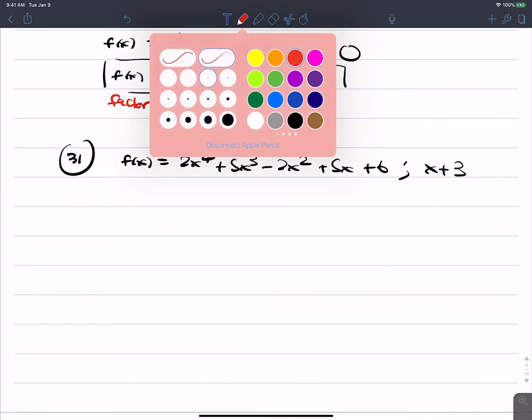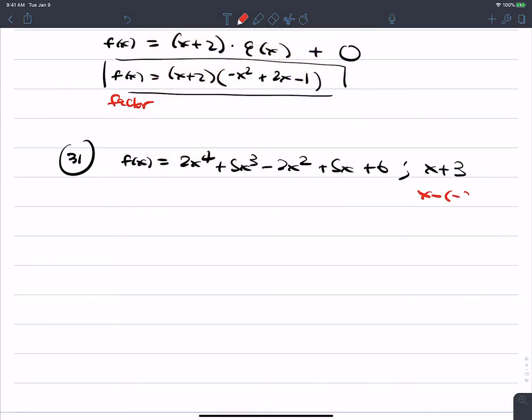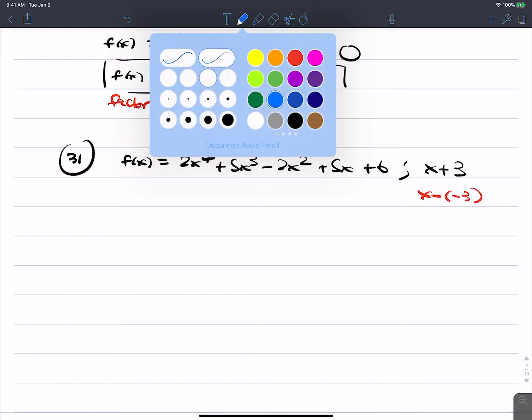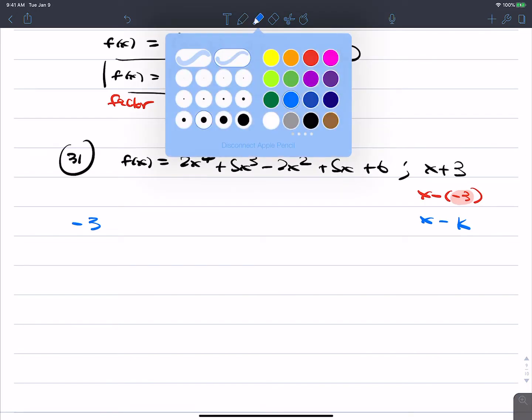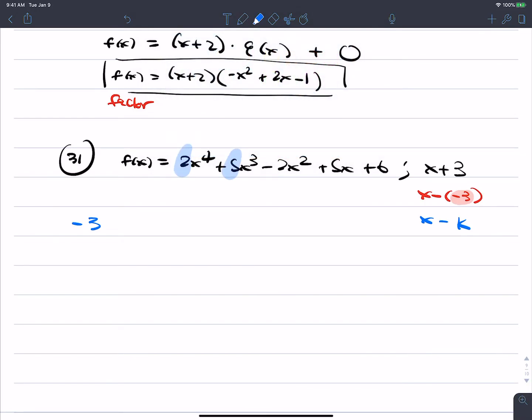So again, x minus a, so minus 3. We have to determine the k value. So in this case, k is going to be negative 3. Let's check our coefficients. 2, 5, negative 2, 5, and 6.